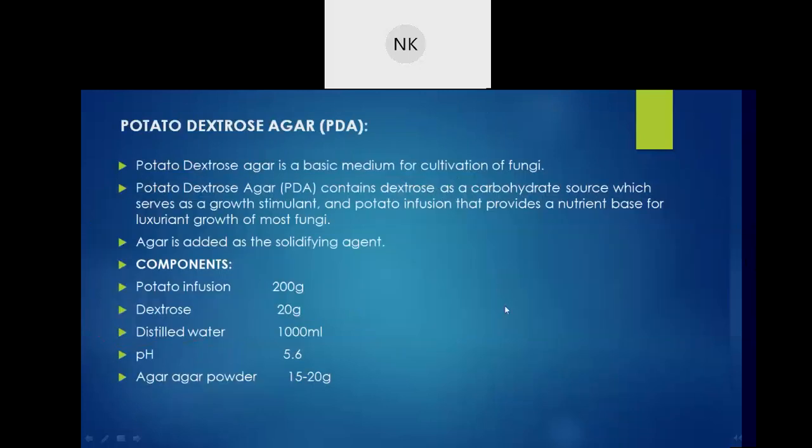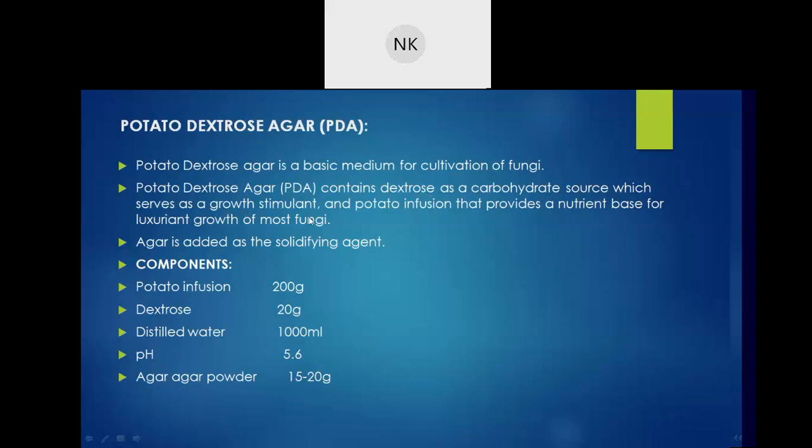So the next media is potato dextrose agar media. It is also one of the basic media used for cultivation of fungi, yeast, and other different kinds of molds. PDA stands for potato dextrose agar media. The source of carbohydrate or carbon source is dextrose, like in Sabouraud dextrose agar media, and it serves as a growth stimulant.